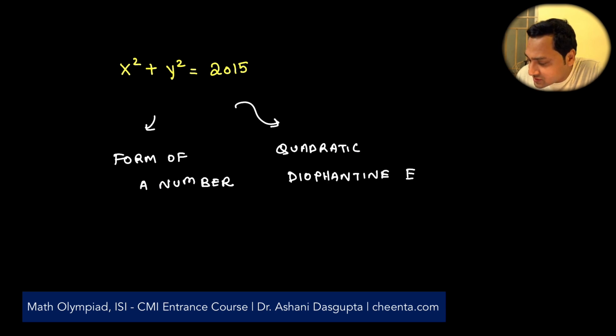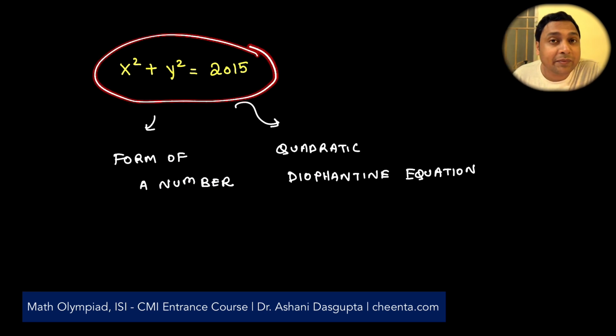Diophantine equations are equations with integer solutions. It means suppose we have this particular equation, x squared plus y squared equal to 2015, and we want to know what integers satisfy this equation.